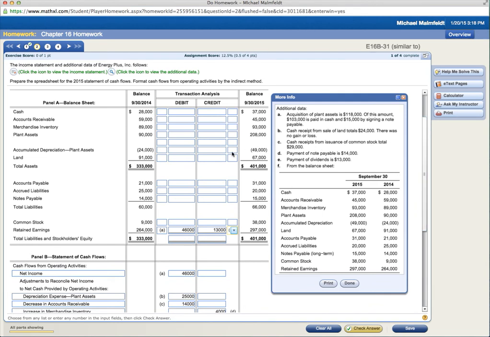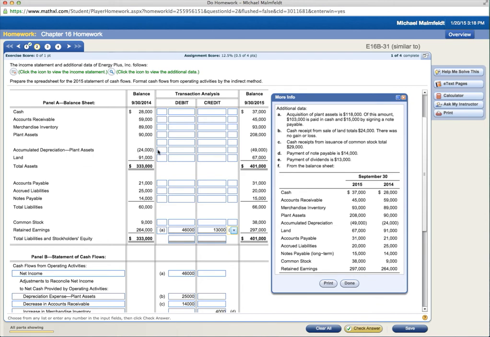If we look up here, if you remember journal entries for depreciation expense, they basically are netted against accumulated depreciation. So any depreciation expense you have will increase the accumulated depreciation from one year to the next.